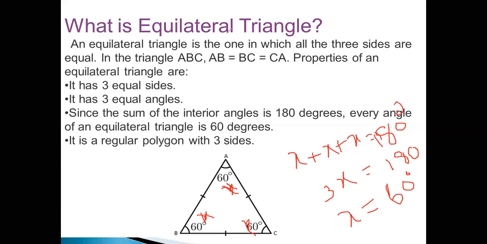In the word also we can recognize that equilateral means equal. The third property is: since the sum of all the angles of a triangle is 180 degrees, every angle of an equilateral triangle is 60 degrees.